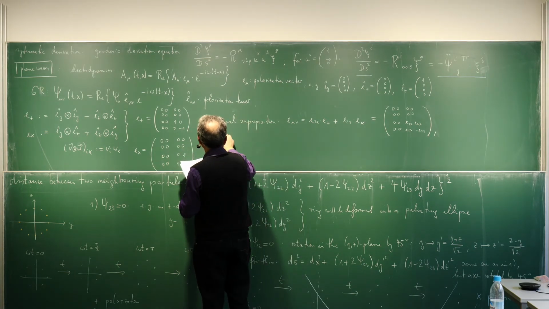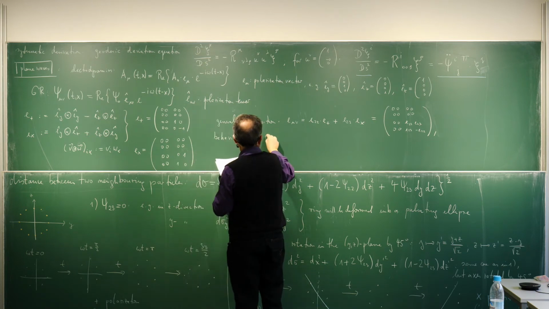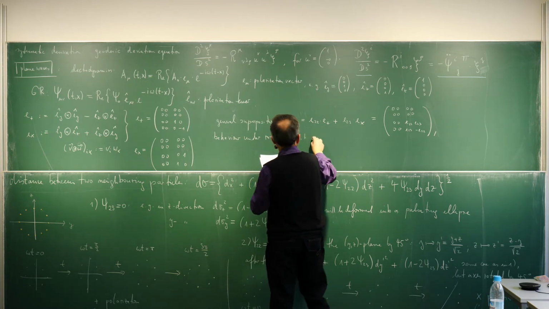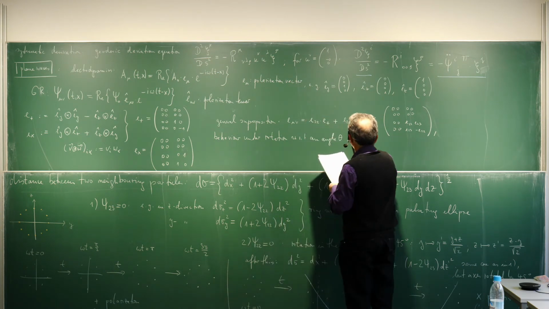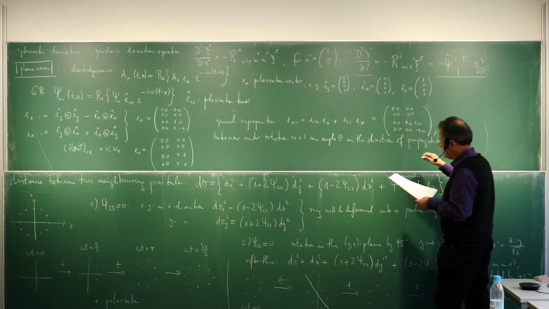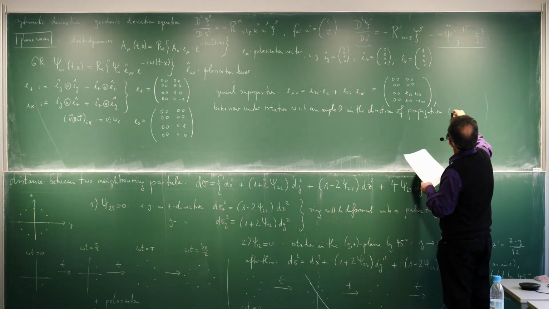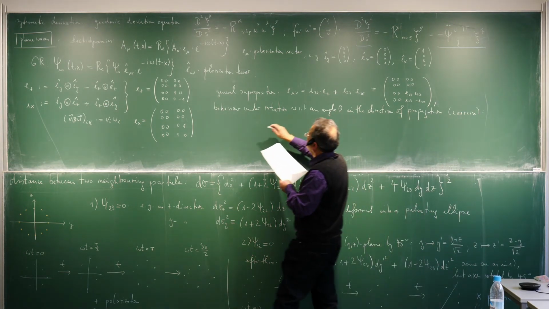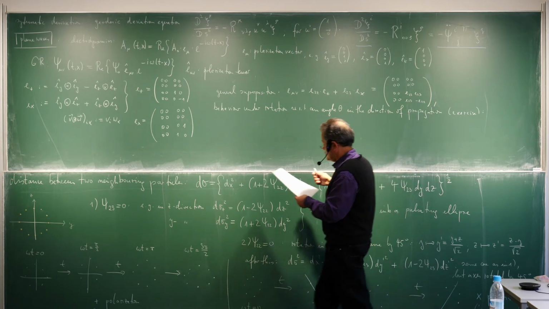So the behavior under rotation with respect to an angle theta in the direction of propagation, which is here the x direction, we find, as an exercise, the following result: E22 and E23 change as follows.